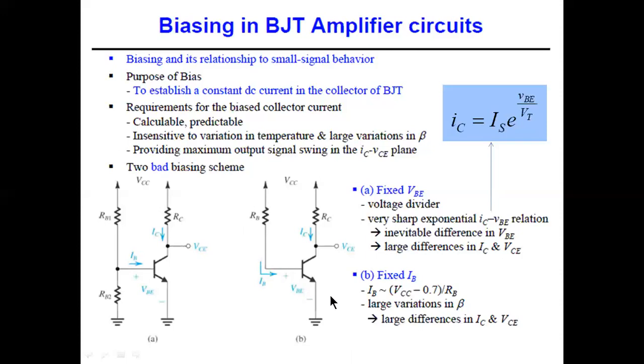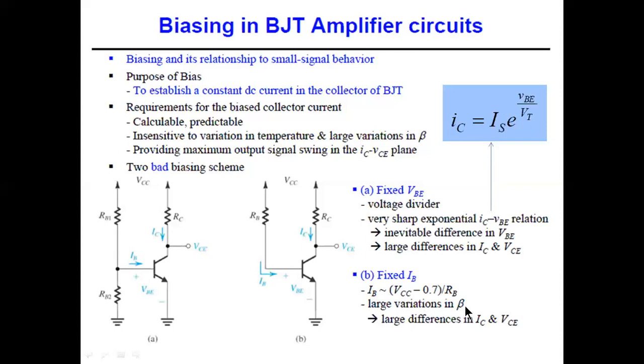The value of VBE will be in general 0.7 volts. Once we know the IB, then we can find the IC as beta into IB. So the value of the IC will be beta into this total value.